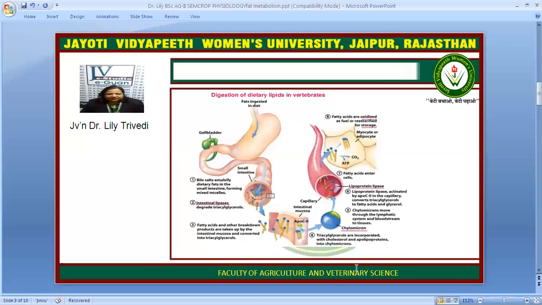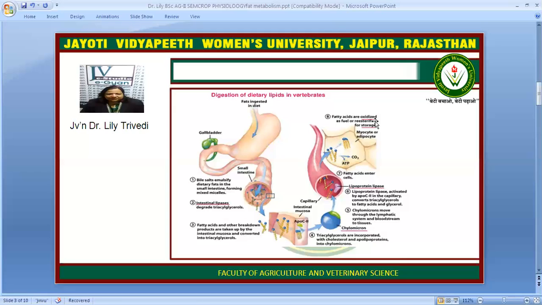The triglycerides are then incorporated with cholesterol and apolipoproteins into chylomicrons. The chylomicrons move through the lymphatic system and the bloodstream to the tissues, and the lipoprotein lipase activated by apolipoprotein C-II in the capillaries converts triglycerides to fatty acids and glycerol, and then these fatty acids enter the cell.